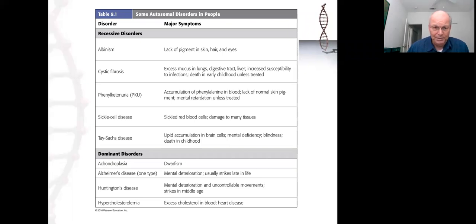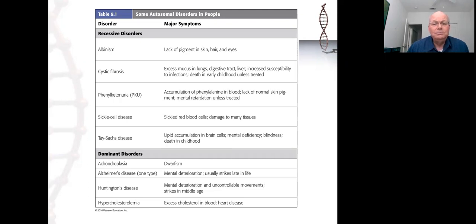In the case of dominant disorders, these tend to get eliminated because individuals with many of these dominant disorders, particularly Huntington's disease and achondroplasic dwarfism, have a shortened lifespan. There are also some unfortunate side notes, particularly to Huntington's disease, as you'll see.